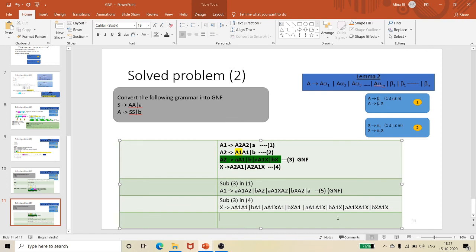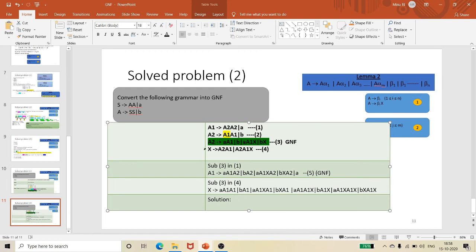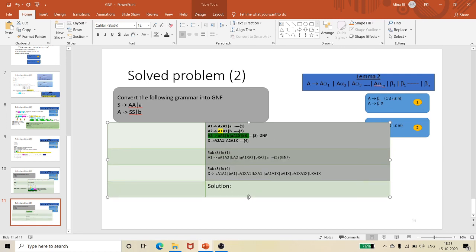So finally my solution is, I may require more space, so let me reduce this thing.